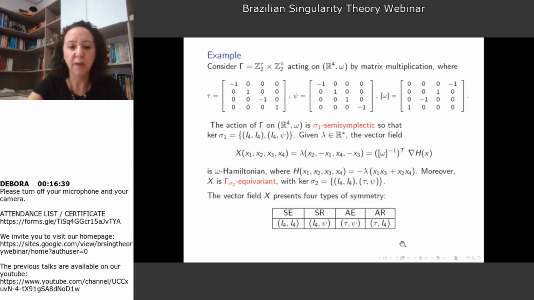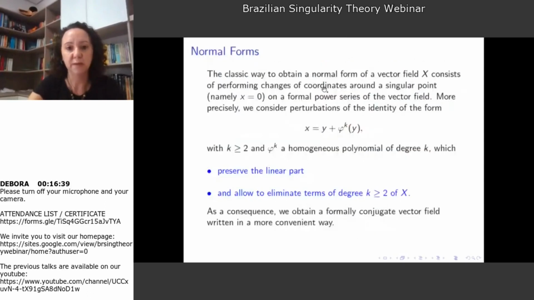So here we have the 4 types of symmetry: symplectic equivariant, symplectic reversible, antisymplectic equivariant, and antisymplectic reversible. So this example illustrates all these possible types of symmetries that can appear when we study a symplectic vector space.